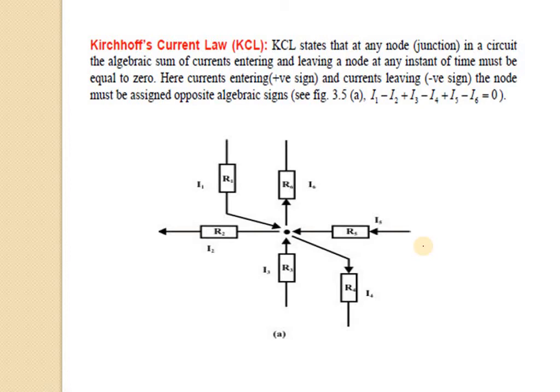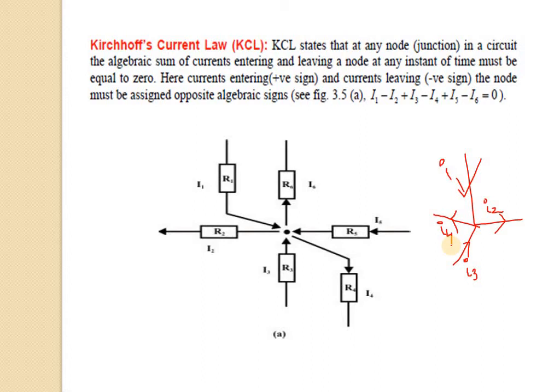That is, in short, suppose there are currents, this is I1, this is I2, this is I3, this is I4, and the combination of all these currents will be equal to 0. That means I1 plus I2 plus I3 plus I4 equals 0.